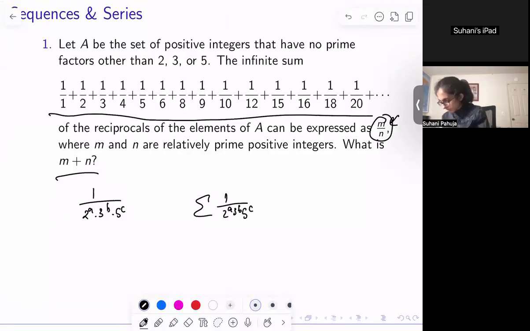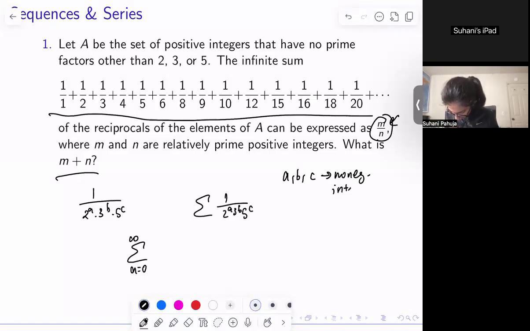And a, b, and c are non-negative integers, and they span all the terms of the infinite sum. And so the infinite sum can be written as a summation where each of these variables ranges from 0 to infinity.